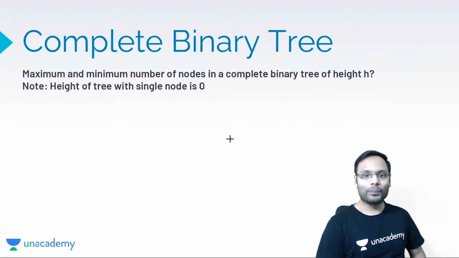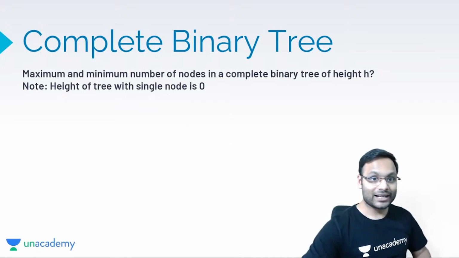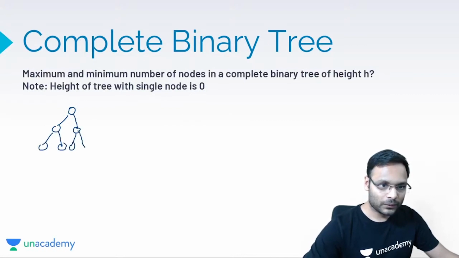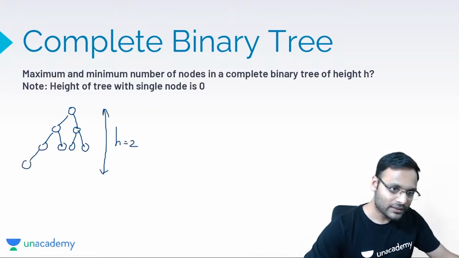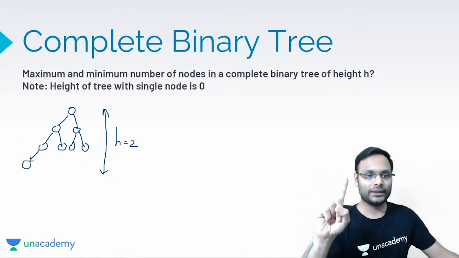Then we have a complete binary tree with maximum and minimum number of nodes with height h. That is a question, how to draw that. Look at this. Minimum nodes means this level full, this level full, this level full, and on the last level only a single node is present.